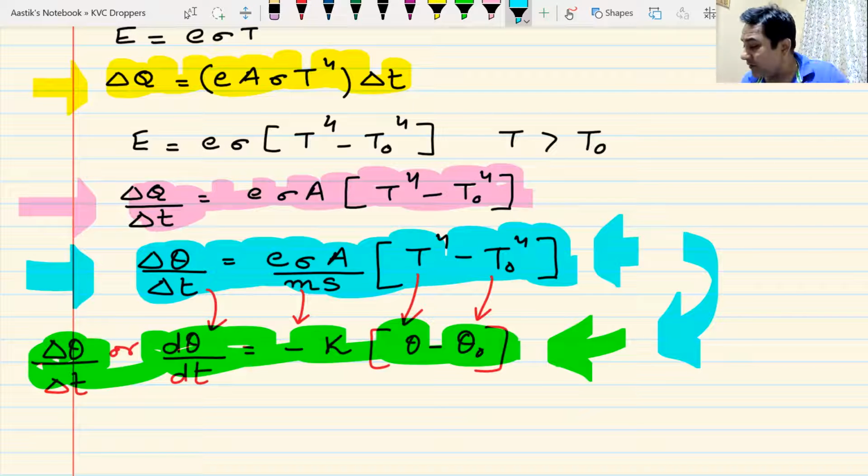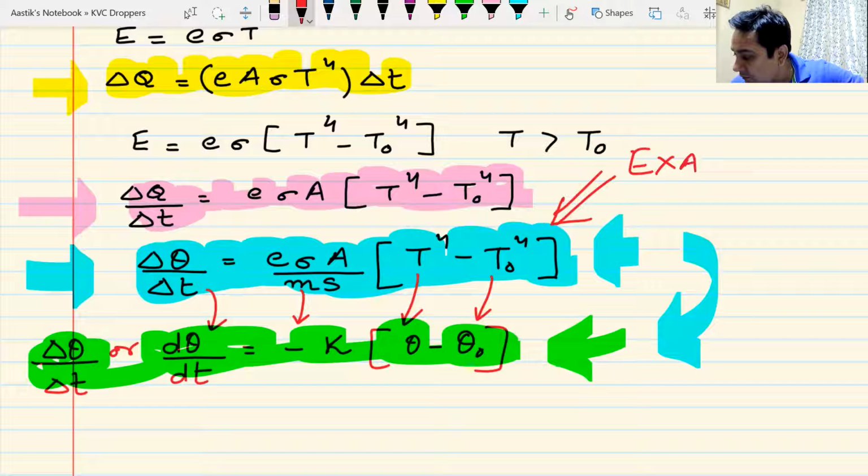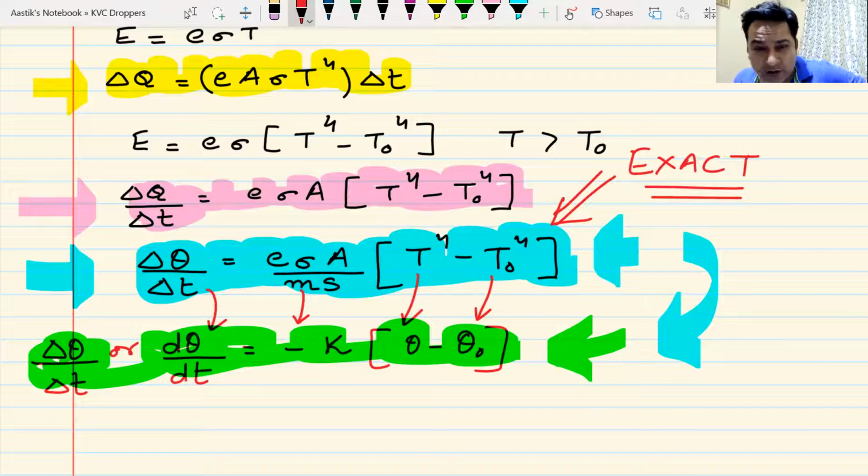The blue formula is the exact formula for rate of cooling or rate of heating. The green formula is only valid if the temperature difference is very small.